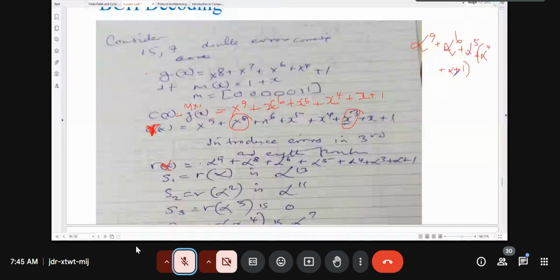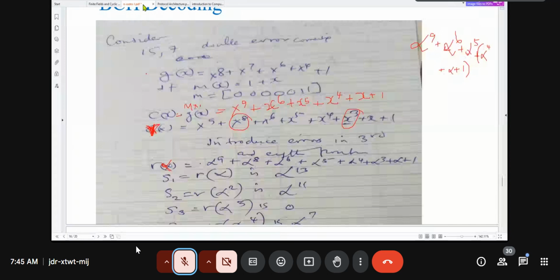Remember that's what we used to generate this code. We used this. So we are saying this is equivalent to 0 because we did modulo this. So this is already equal to 0, and we are left with this.